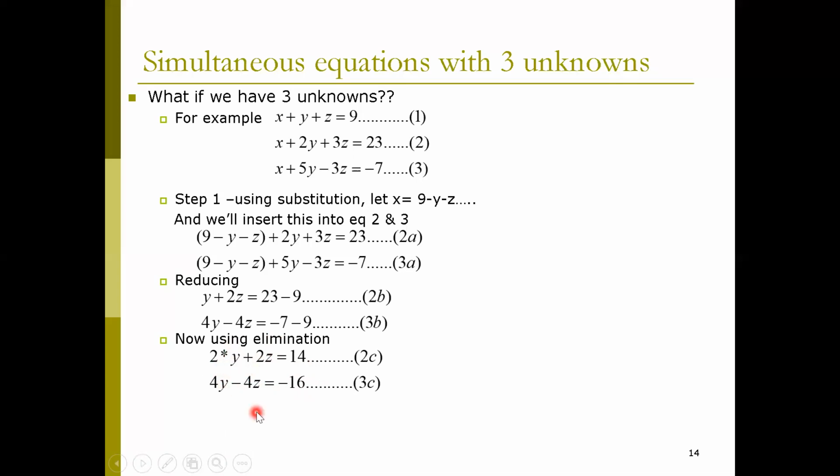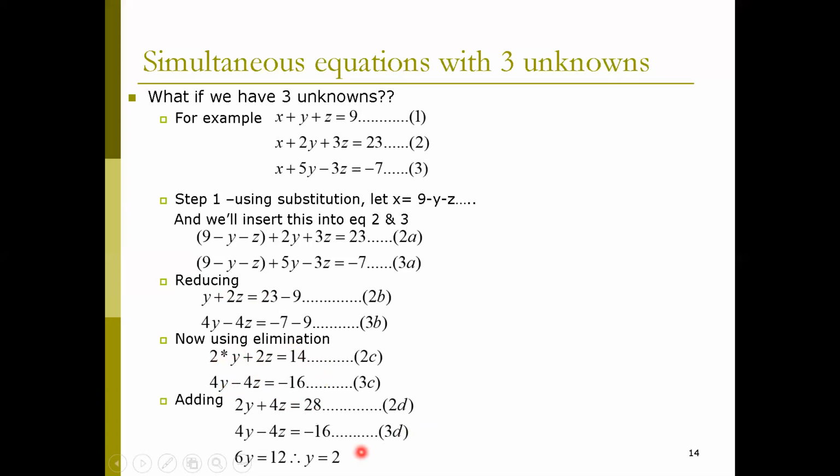And remember, we can multiply or divide one or both equations to allow an unknown to be eliminated. Here we see that we have a 2z and a 4z. So if we multiplied this top equation by 2, we would have 4z and minus 4z, and we could use addition to eliminate.